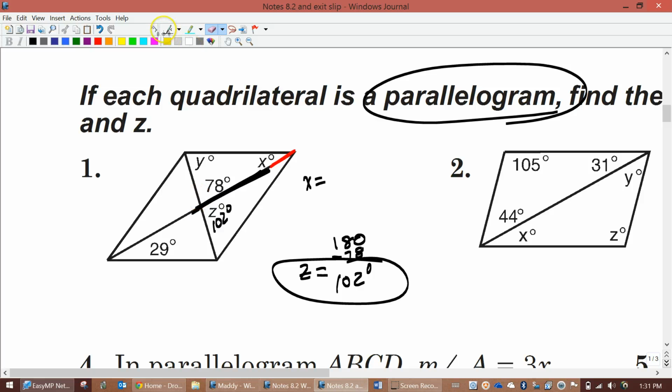Okay, are z and x alternate interior angles? Technically, they're alternate interior angles, but they're not alternate interior on parallel lines. So they're not congruent. Okay? Yeah. Is it x 29?